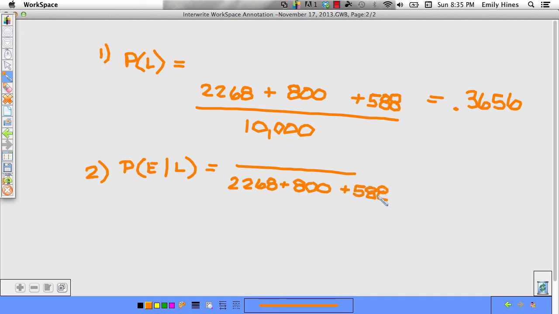And then I want to know the probability that out of these people they are from an EPS course. So that would be 800, which gives me 800 over 3656, which is 0.219.